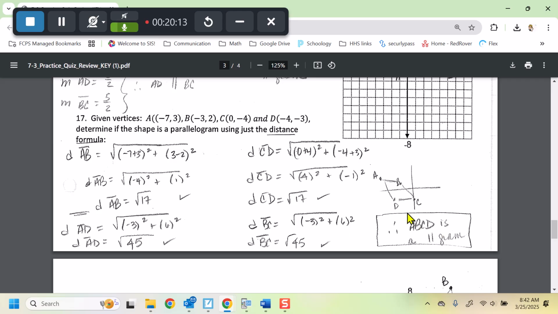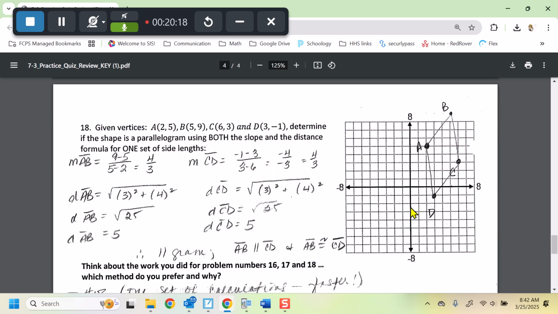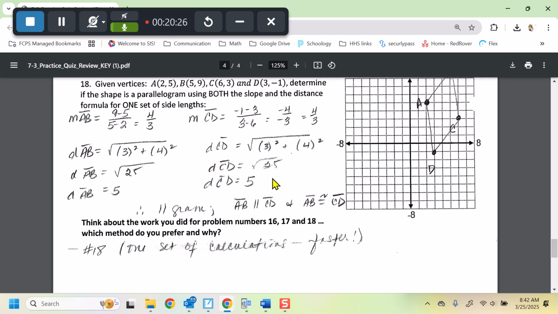Therefore, it was a parallelogram. 18, I found my slopes were the same for the same side, the distances were the same, so therefore it was a parallelogram because each were congruent and parallel.